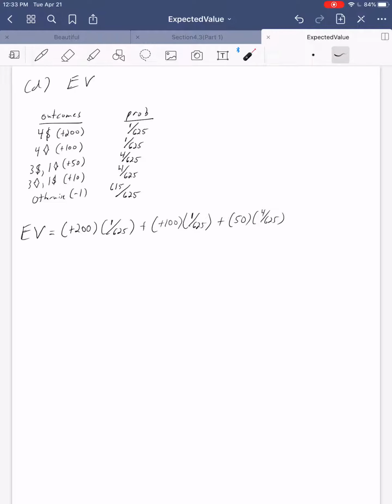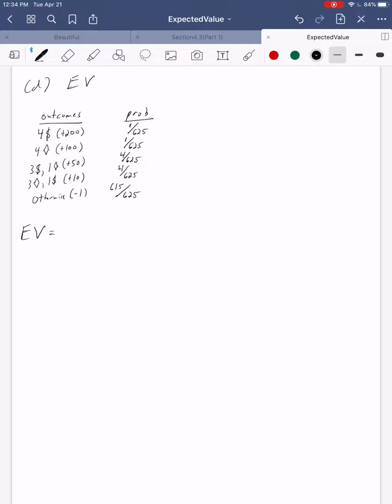And you'll notice that I'm not bothering to write the plus here. You don't really need to write the plus in these ones. Obviously, when you don't write anything in front of it, it just means that the number is positive anyway, so we don't need to write that. Plus 10, 4 out of 625. And you know what? We need a little bit more space. Let me just go back and rewrite those a bit smaller. Sorry about that.